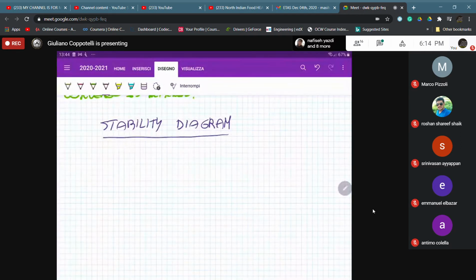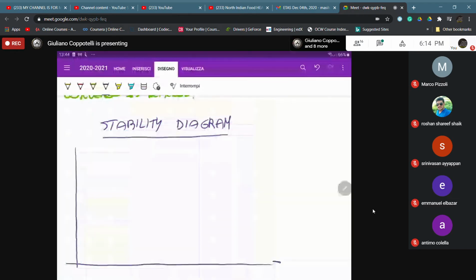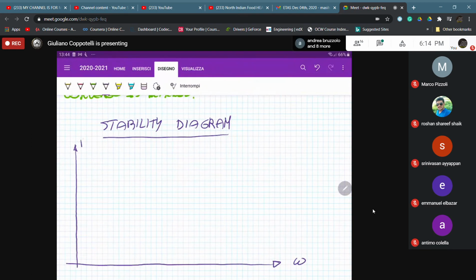So what we got here is the representation of the FRF. So for example, we have frequency and then the amplitude of your FRF.